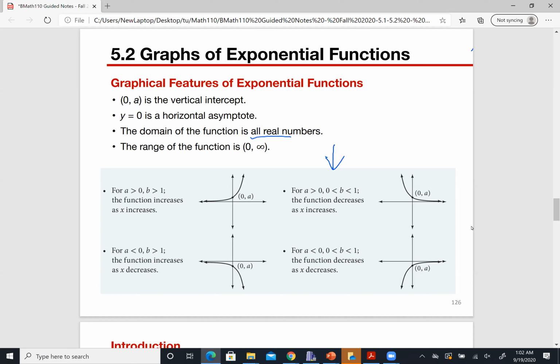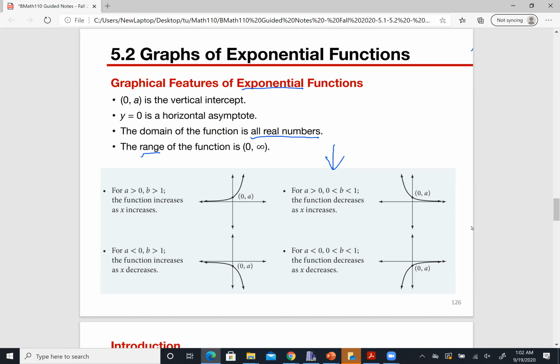When you talk about the domain of an exponential function, it's always all real numbers. You don't have to worry about any value of x because it's all valid. But for the range, you should know that it has to be greater than 0.